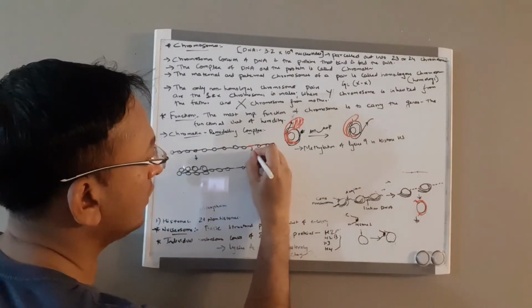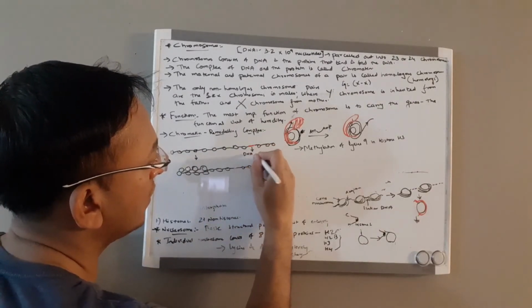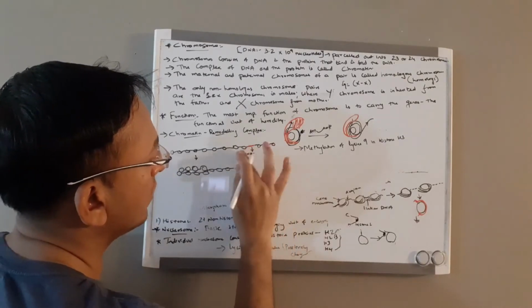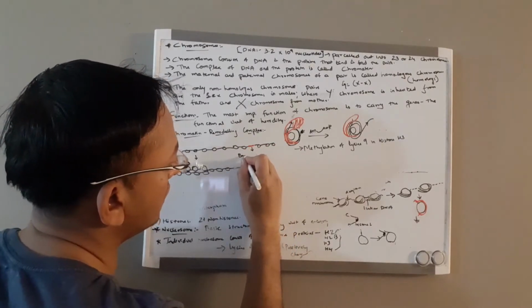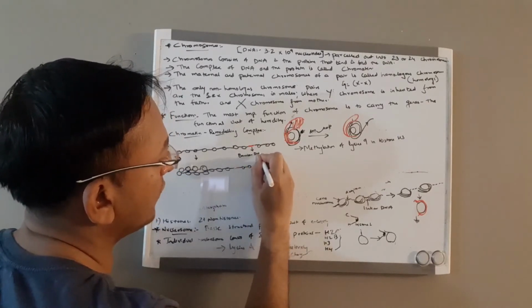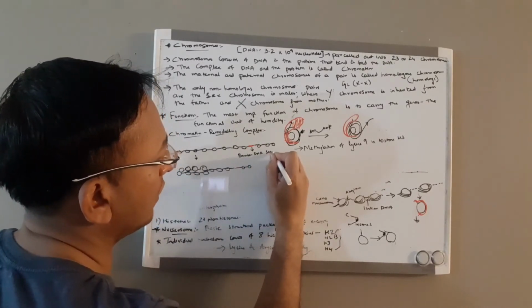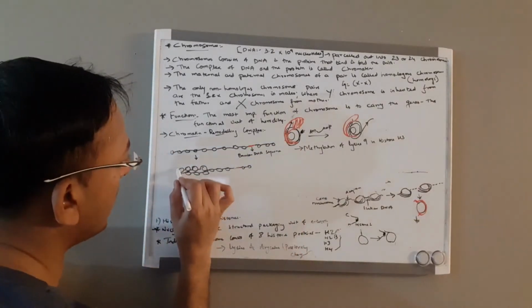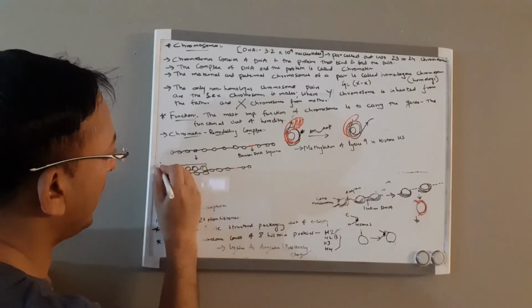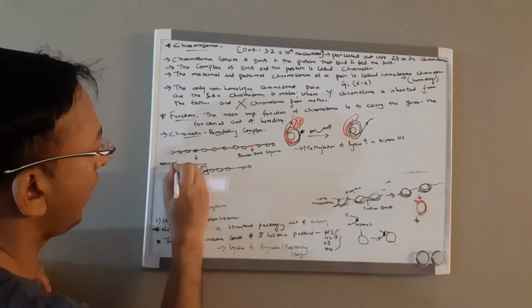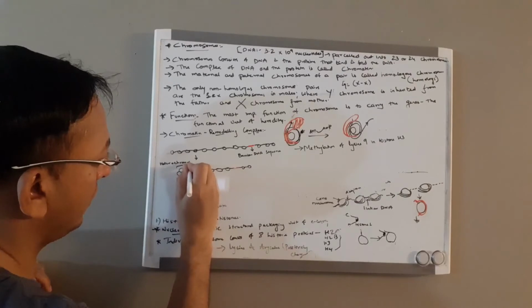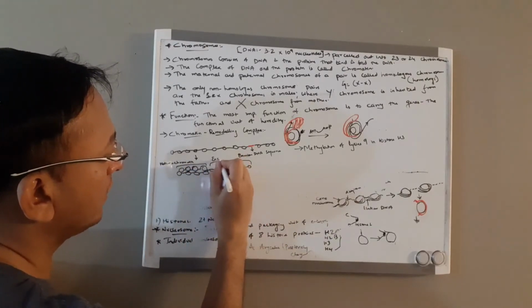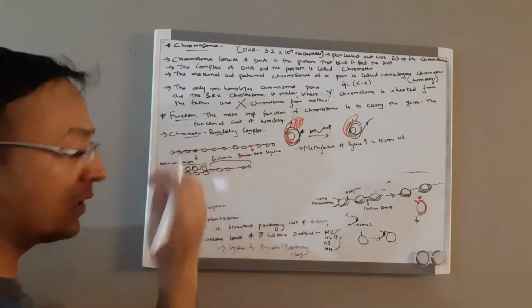That's why I will write it down here: barrier DNA sequence. So the pink one is the barrier DNA sequence, and what it's used for I will show you. Now this part is our heterochromatin, and the other part is euchromatin, that is not as condensed.